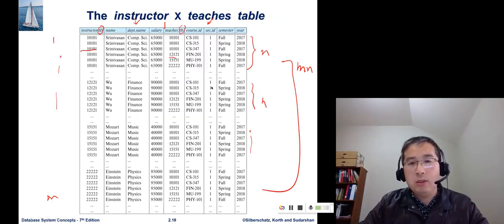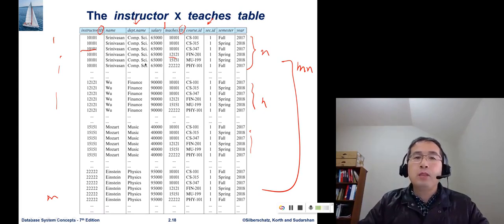Like this one: the instructor with ID 12121 teaches the course, maybe Finance 201. But this instructor ID is 10101. So even if we list this record, in fact it is not meaningful. All of these are not meaningful.